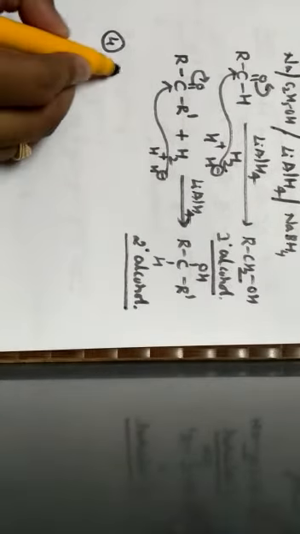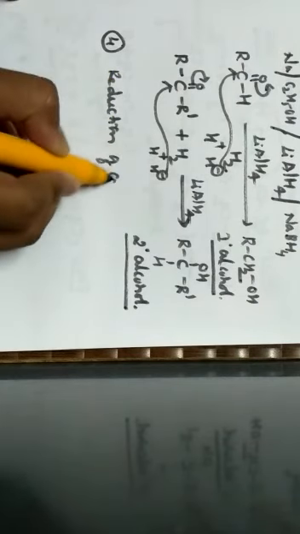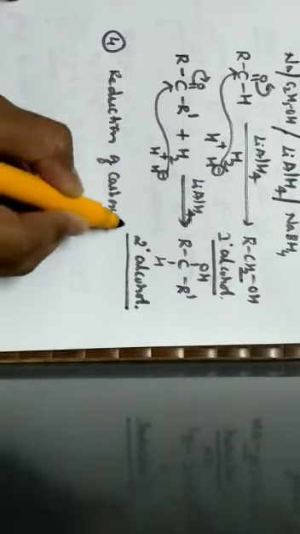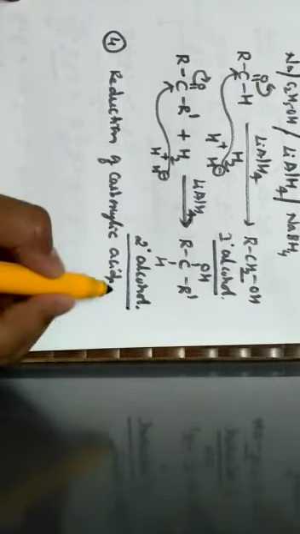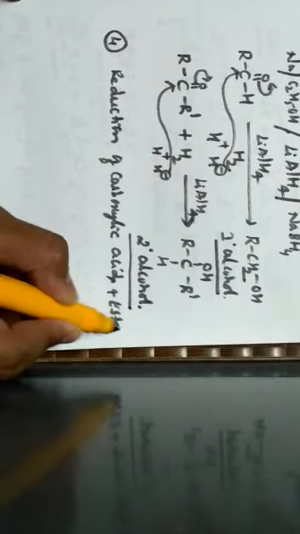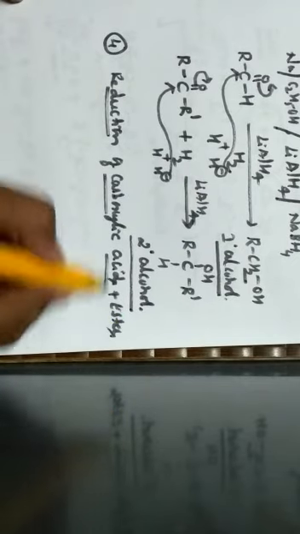The next one is called reduction of carboxylic acids, which is the fourth method. So let us write the heading as reduction of carboxylic acids. Reduction of carboxylic acids and esters is the fourth method by which an alcohol can be prepared.